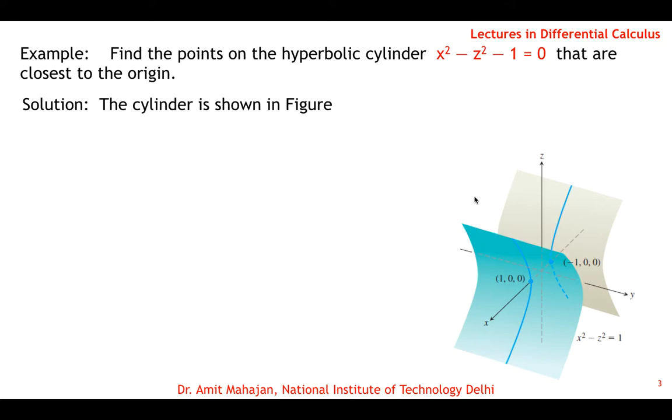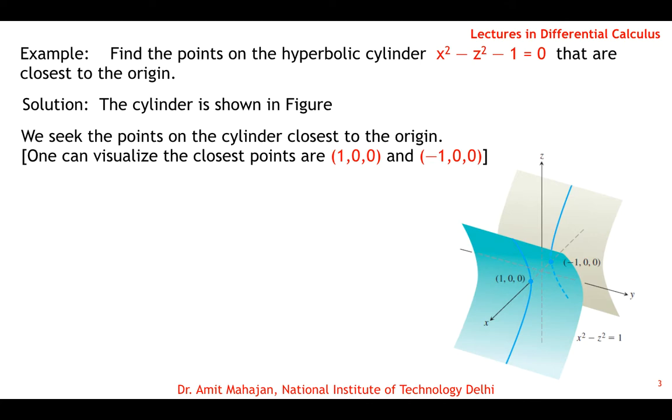If you have to locate the point on this cylinder closest to the origin, you can see that the closest points are this point here, which is (1, 0, 0), and on the other side this point, which is (-1, 0, 0). So one on this cylinder and one on this one.